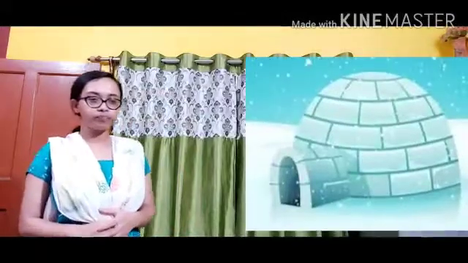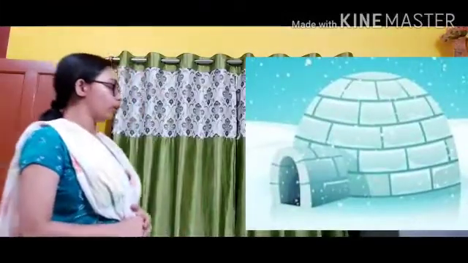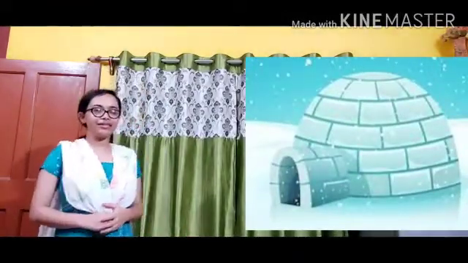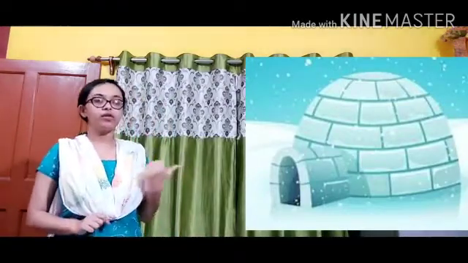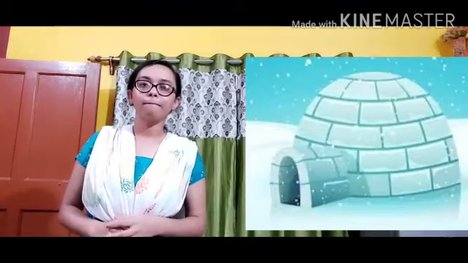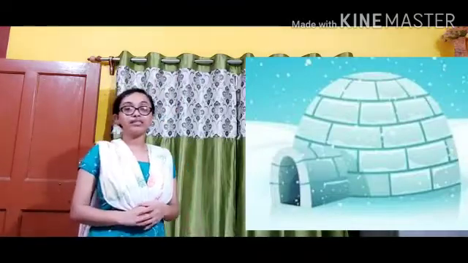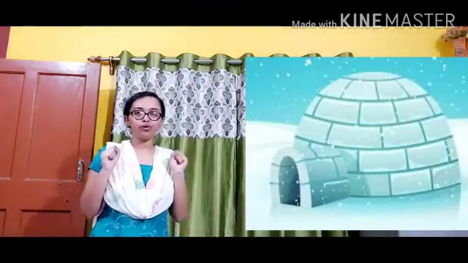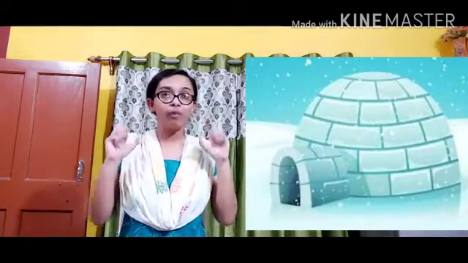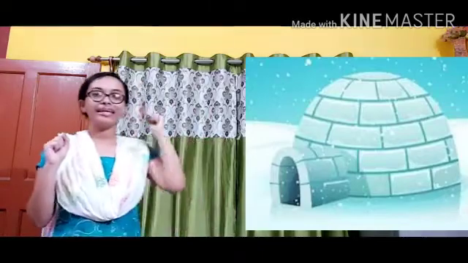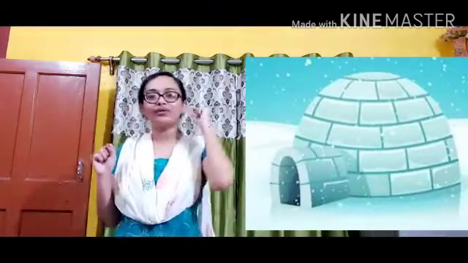Now let's have a look at the next picture. This is something interesting. I know all of you know the name of this thing. What is this, students? This is an interesting house, made of ice blocks. Yes, you are absolutely right.